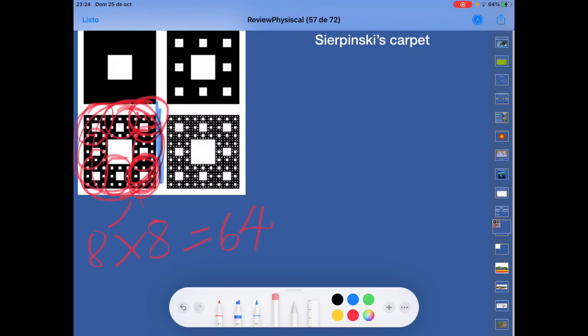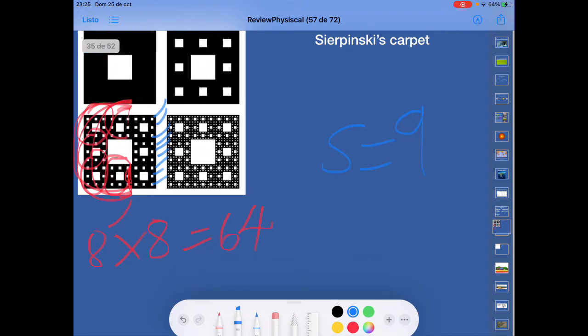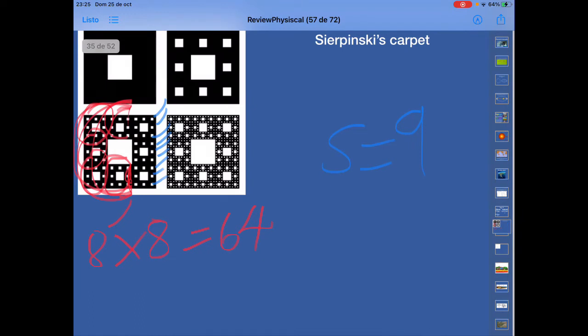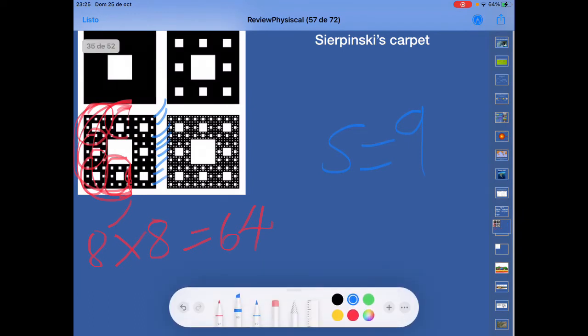And how many do I have in only one side? Well, let's count them. For that I will have to erase this gibberish. So now we have 1, 2, 3, 1, 2, 3, 1, 2, 3. So basically in just one side we have 9, right? So what we want to find is the power that will make 9 as big as 64. So let me write it again in a nicer way.